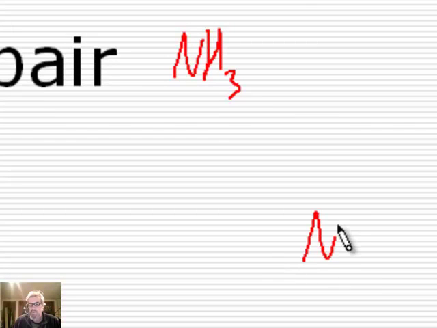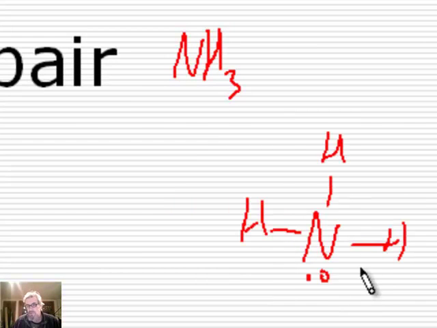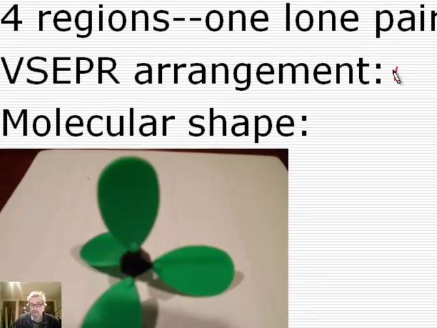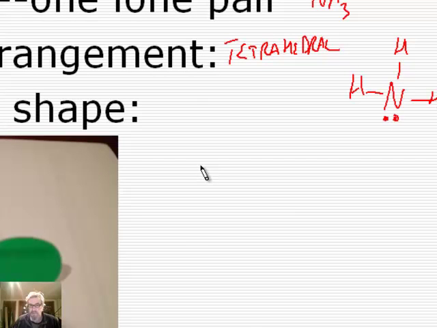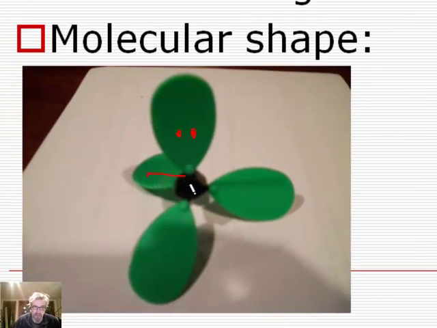The Lewis structure for ammonia looks like this. Looking at the central nitrogen atom, I have 4 regions of electron density, a lone pair and 3 shared pairs, 3 bonds. So that means my VSEPR arrangement is going to be, again, tetrahedral. The molecular shape isn't. This is now a lone pair. I've got a bond here, I've got a bond that kind of angles down here, and I've got a bond that kind of angles down here.